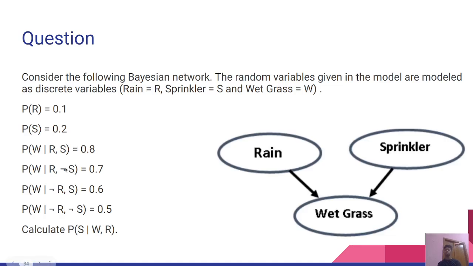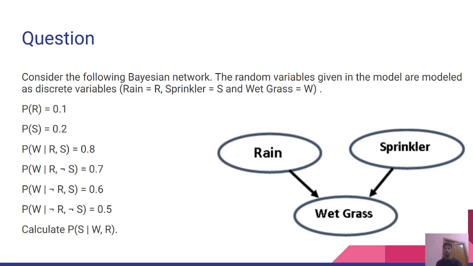It is a little bit more complex than the previous one. We have a network: we have rain and we have a sprinkler, and then it is going to wet the grass. So in a home we have a garden with grass, and it can be wet depending upon whether there is rain, and if the sprinkler is on in the garden, then also there are chances that it is wet.